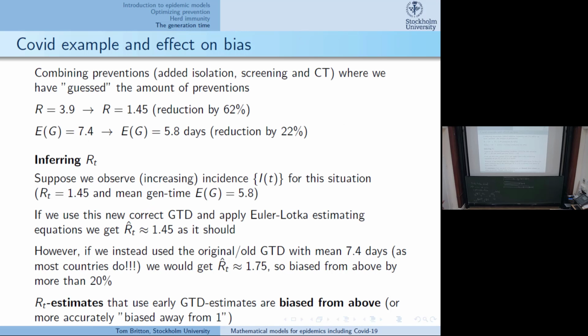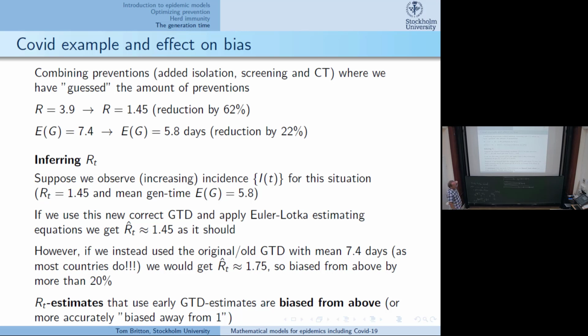So the conclusion is that if we estimate R0 using early generation time distribution estimates, these estimates will be biased from above, or more actually biased away from zero.